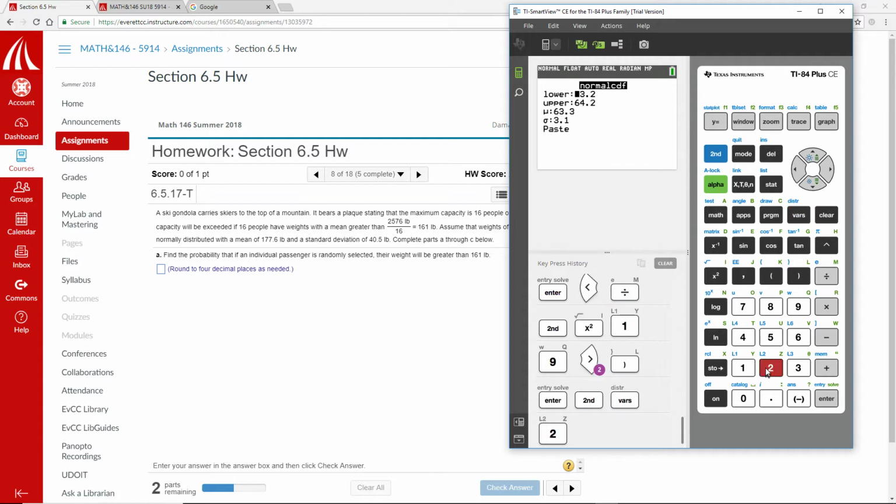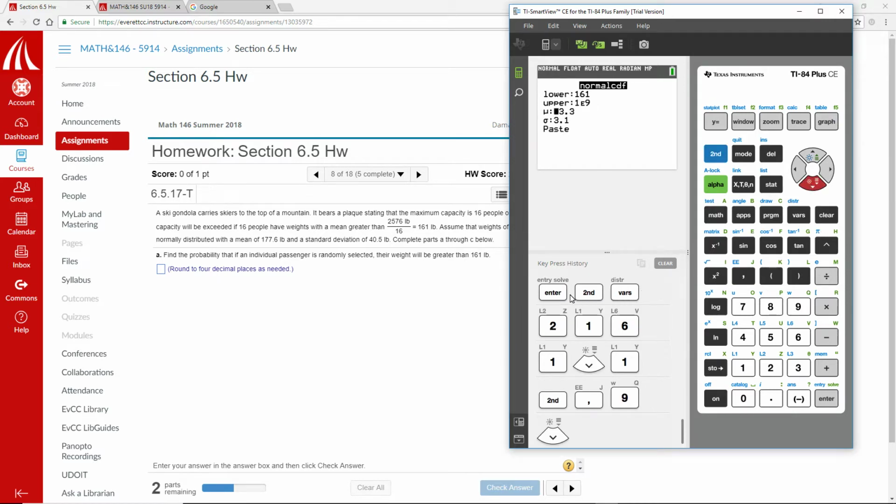So let's try number 2 and find the probability that if an individual passenger is randomly selected, their weight will be greater than 161. So we're going from 161 as our lower bound, and our upper bound will be infinity. Not infinity, but a very large number.